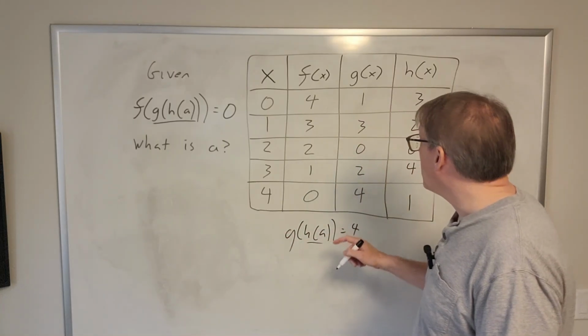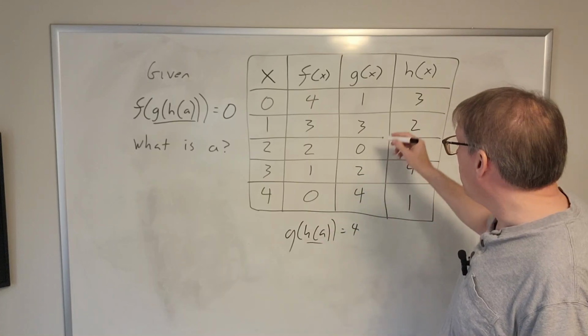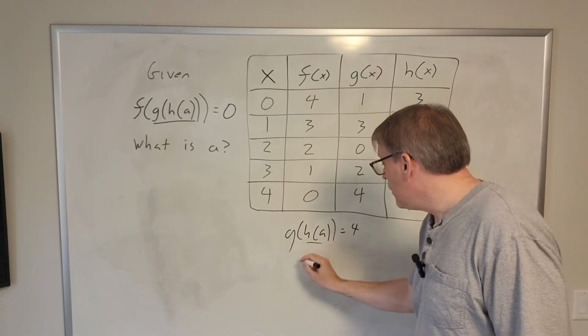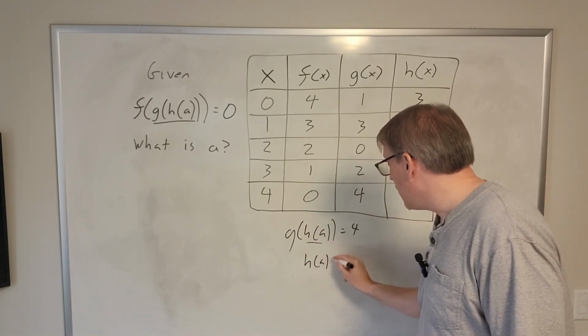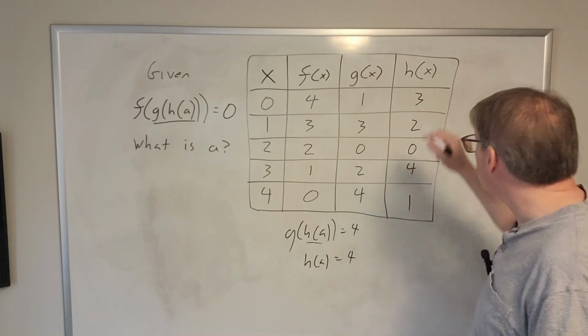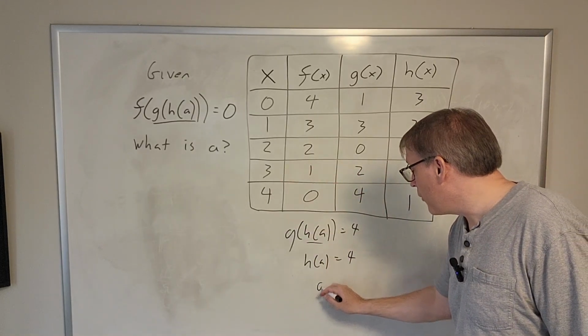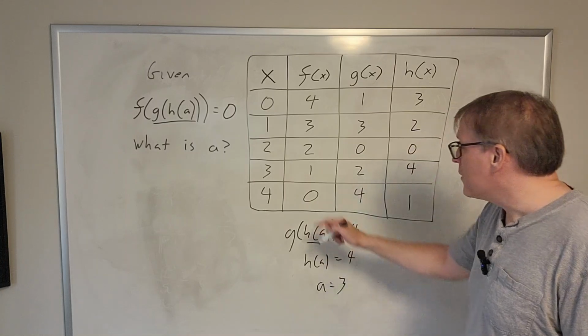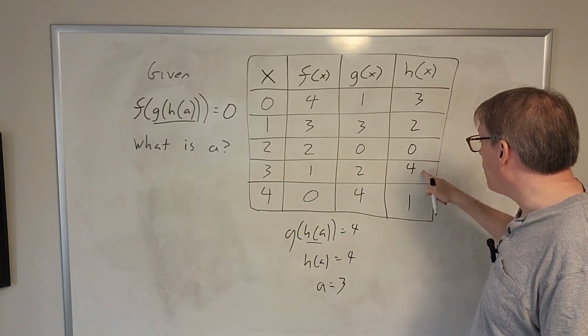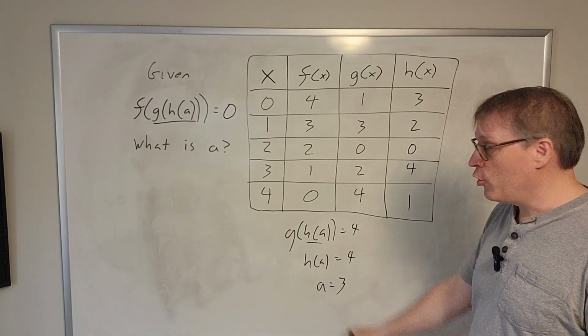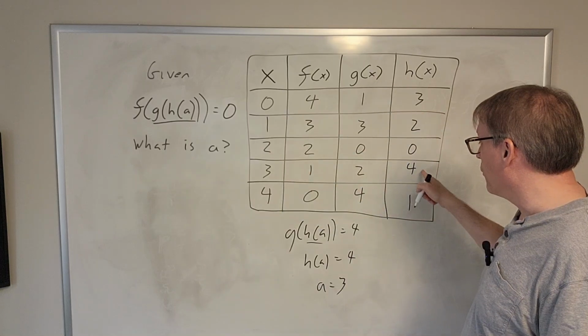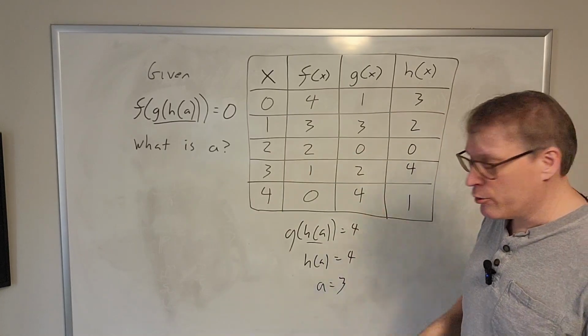So what does h of a have to be? g of what is 4? g of 4 is 4. So h of a has to equal 4. For h to be 4, x has to be 3. So a is 3. The input has to be 3 for the output to be 4. The domain value corresponds to 4 in the range. But that's neither here nor there.